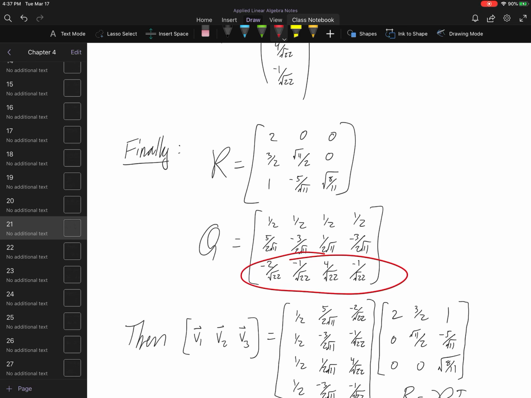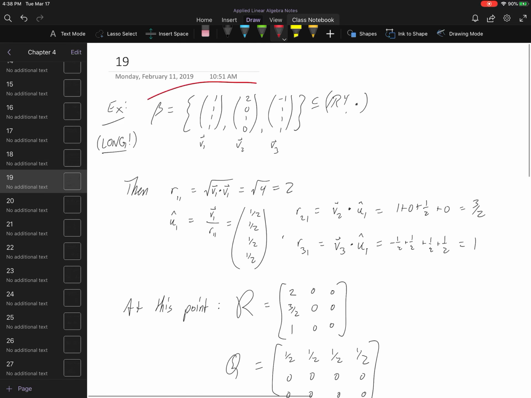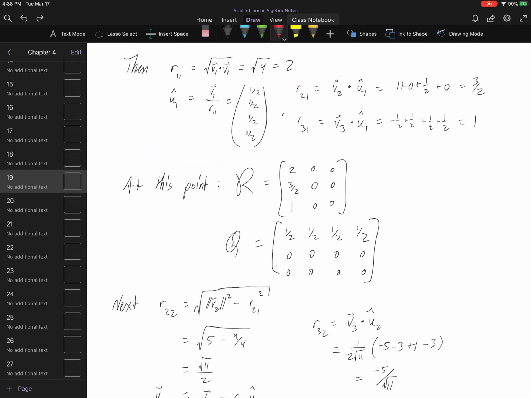Okay, so we have now filled in the final row of Q with the last U hat vector. And we have completed the algorithm. We have orthogonalized the original basis, which was sitting back here.